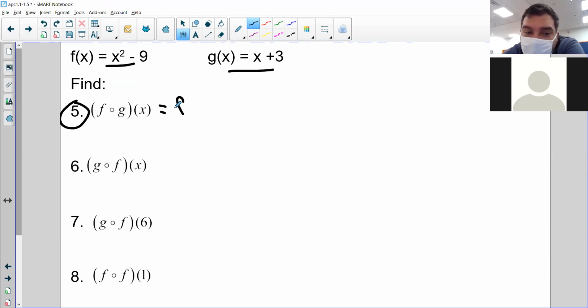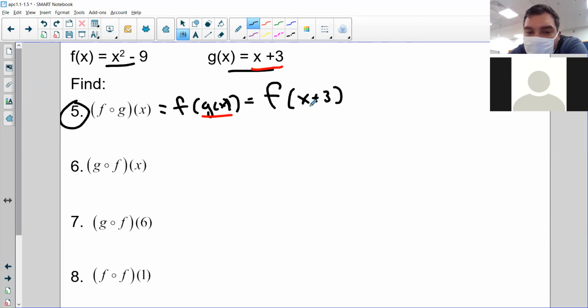As I said before, anything on the inside of the function has to be replaced with exactly what it is. And g of x is exactly x plus 3. So I'm going to rewrite this as f of x plus 3, because g of x is x plus 3.